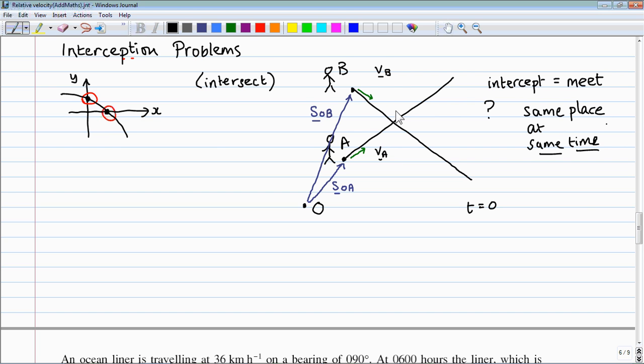So how does all that look as an equation, and how can that equation help us to find out whether there is an interception at this point or not?